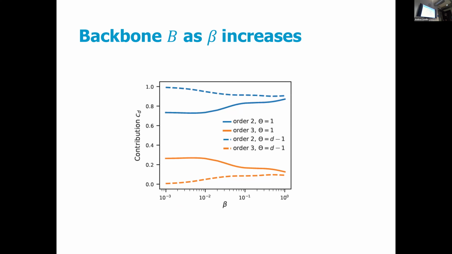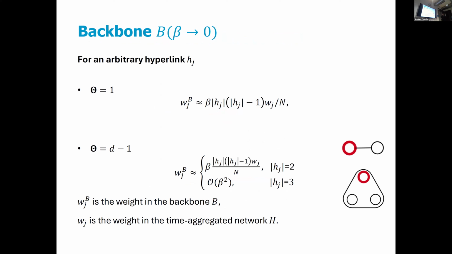As we can see here, as beta approaches 0, when theta equals d minus 1, which corresponds to the dashed lines, the contribution of all the order 3 hyperlinks approaches 0. This is because order 3 is negligibly small compared to order 2 hyperlinks.